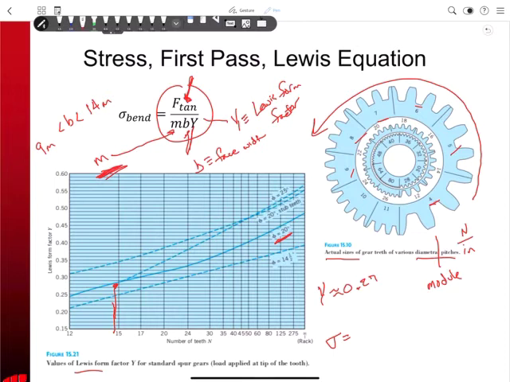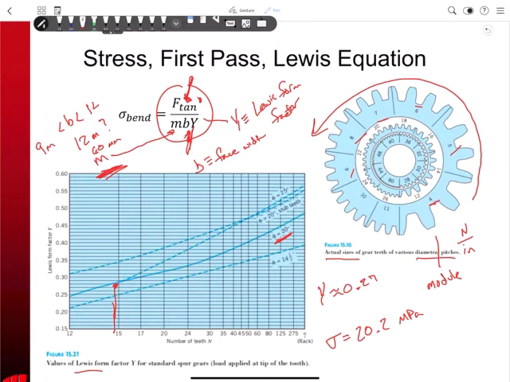So somewhere between 9 and 14 modules. Just for kicks, I'm going to pick 12m, which means it's 60 millimeters wide. If I plug all that in, I get a bending stress of 20.2 megapascals. Do the units work out? Sure, F is in newtons, B is in millimeters, face width of 60 millimeters, m is in millimeters. So newtons per millimeter squared, megapascals. Sigma, a bending stress of 20.2 megapascals.